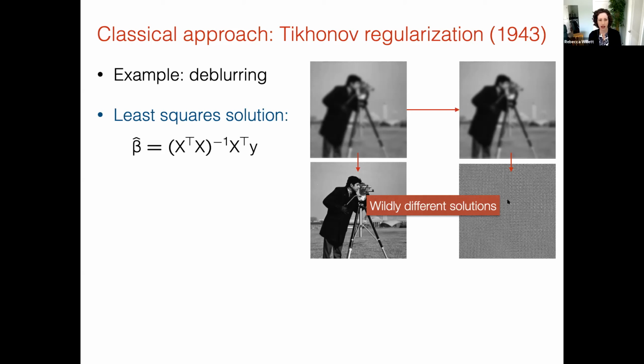And the issue lies in the fact that for this deblurring problem, X transpose X is going to often have eigenvalues that are very, very small. And so when we invert them, and then those get multiplied by the epsilon, that's a component of y, the noise epsilon gets amplified by the inverse of those small eigenvalues, and we just get these huge distortions.